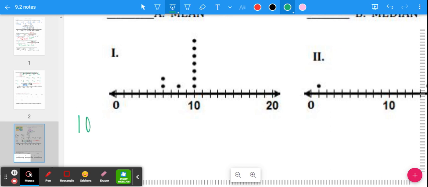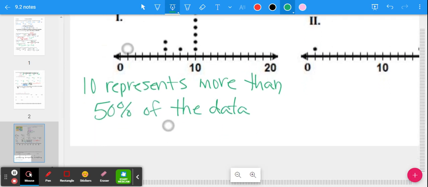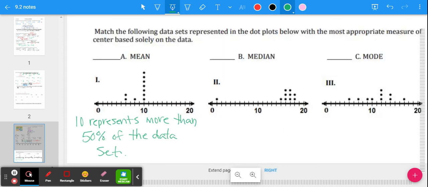So 10 represents more than 50% of the data set. So that means the mode is the best measure of center.